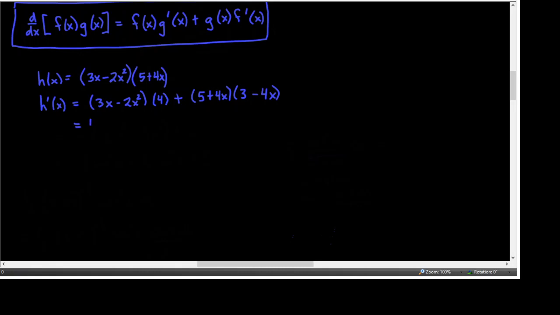Distributing, we get 12x minus 8x squared plus 15 minus 20x plus 12x minus 16x squared.